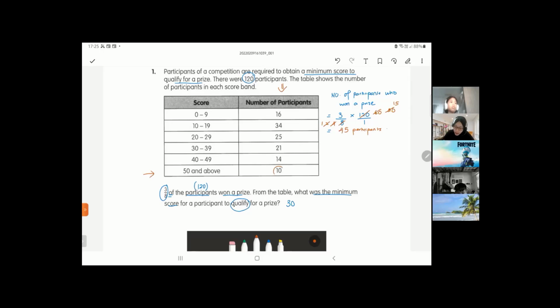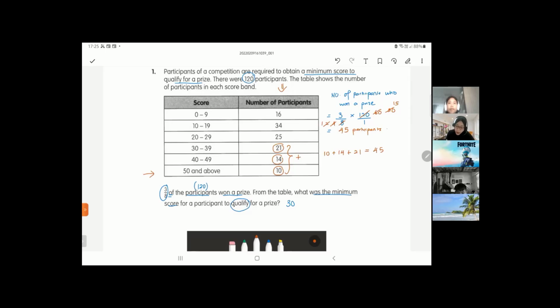So we take 10, 14, let's stop at 21. Let's see whether these three add up to 45. 10 plus 14 plus 21 equals, sorry, not 30, 45. So I get 45 participants.